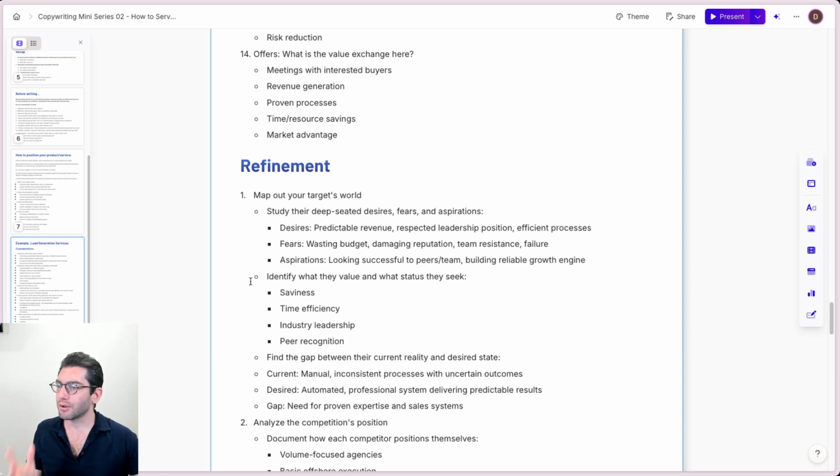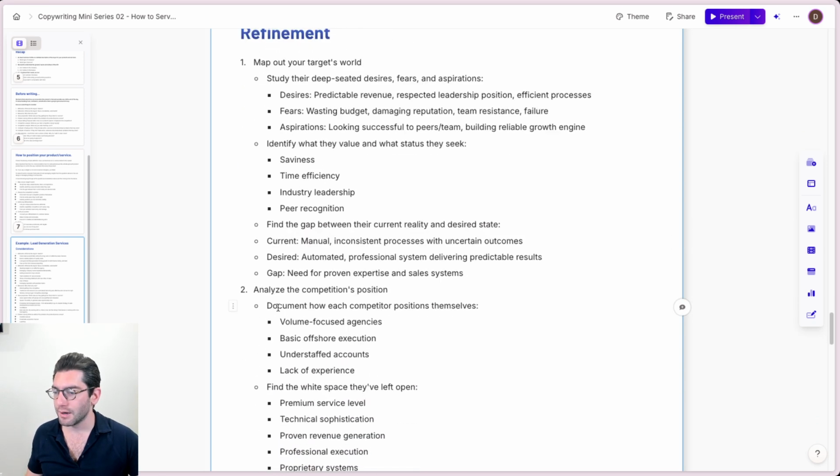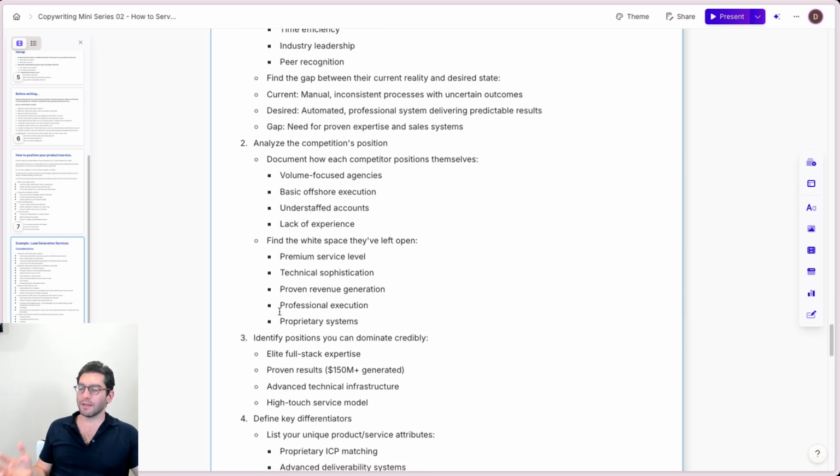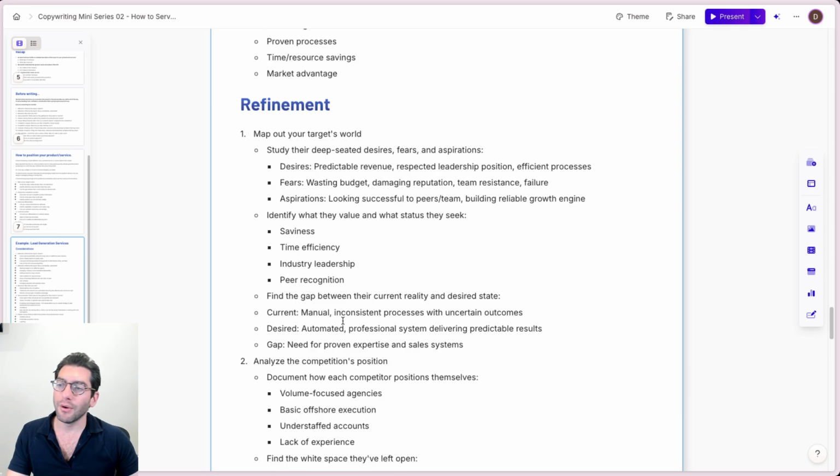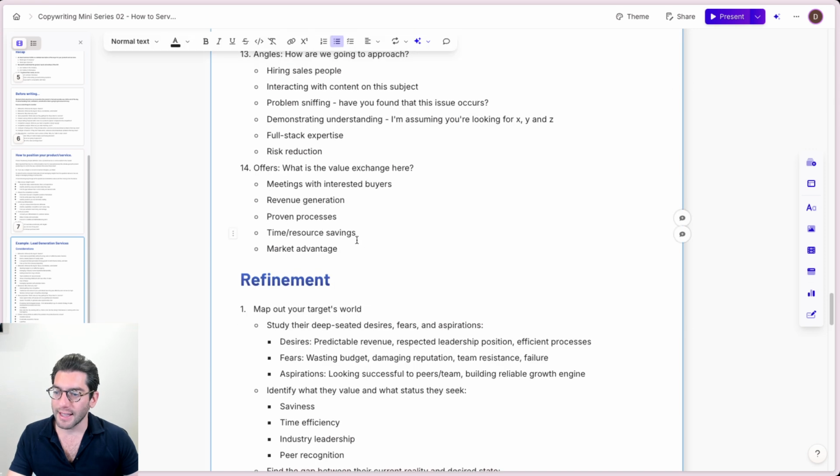Like I said, mapping out your target's world, analyzing the competitor's position, identifying unique selling opportunities and things like that. So this is all kind of the same, but formatted as: this is the exercise, this is the outcome, this is the output right here.